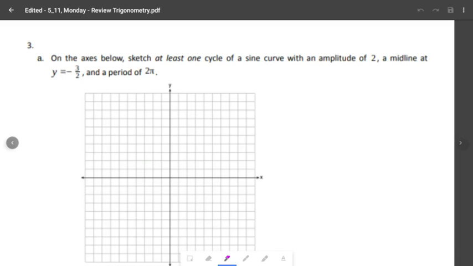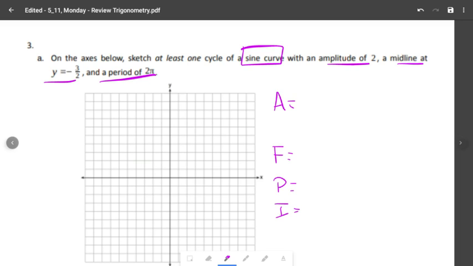Question 3. On the axes below, sketch at least one cycle of a sine curve with an amplitude of 2, a midline at y equals -3/2, and a period of 2 pi. Well, if you're graphing, we said that the 4 steps we're going to follow are always F, A, P, I. A is amplitude.